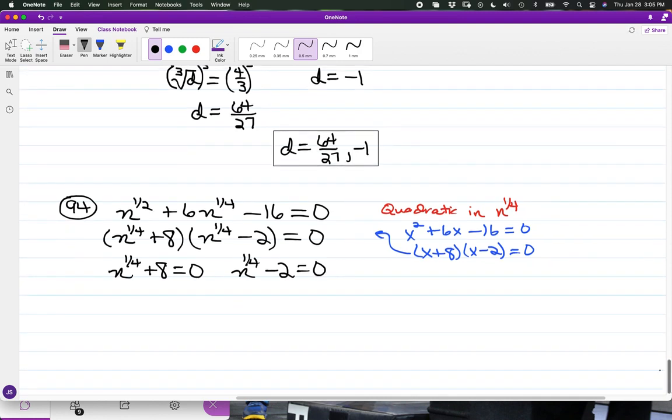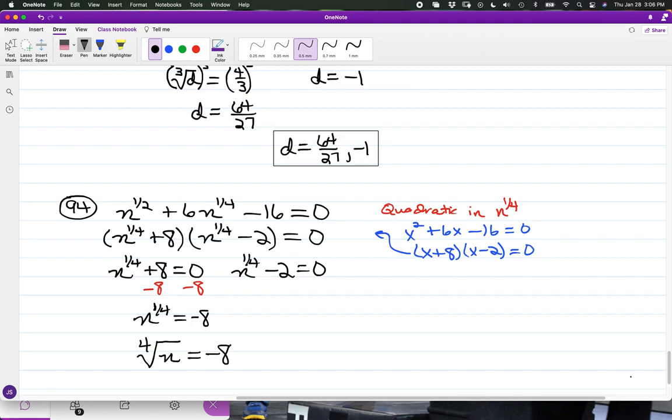So with these factors, n to the 1/4 plus 8 is equal to 0. If I take 8 away from both sides, we have n to the 1/4 is equal to -8. Writing from non-integer exponent to a radical, we have that the fourth root of n is equal to -8.